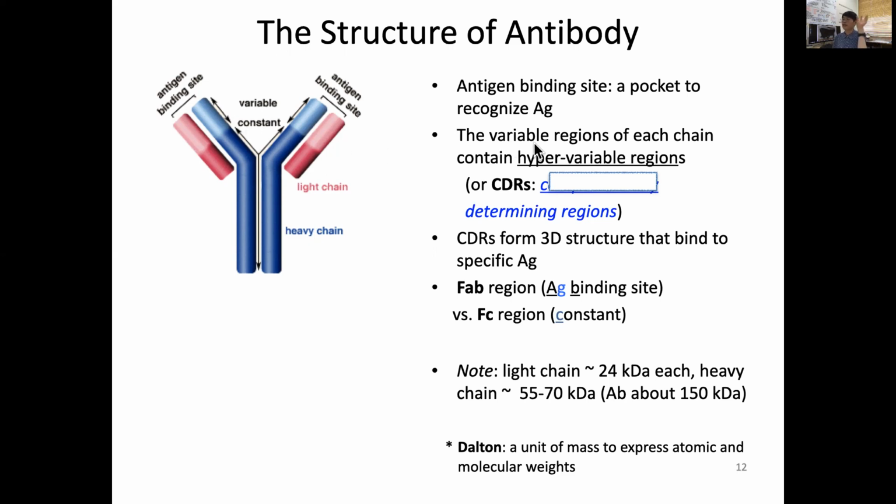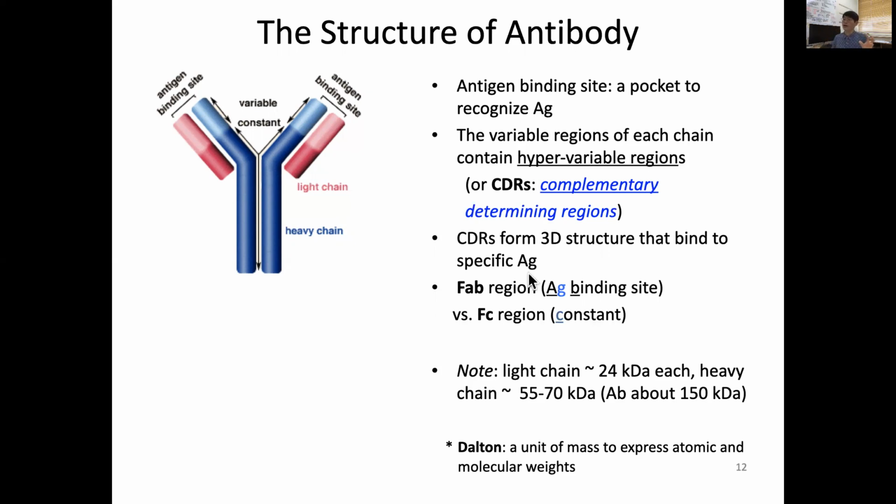The variable region of each chain contains hypervariable regions, or CDRs, because they attach to the antigen like a complementary match. So we call them complementarity determining regions, or CDRs. These CDRs form a 3-dimensional structure to bind to a specific antigen.